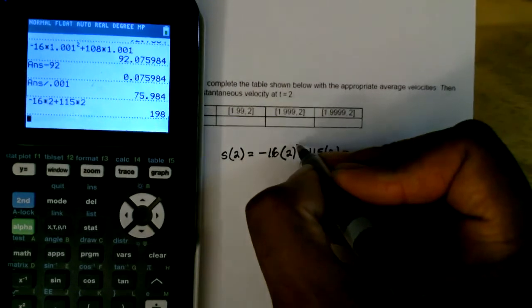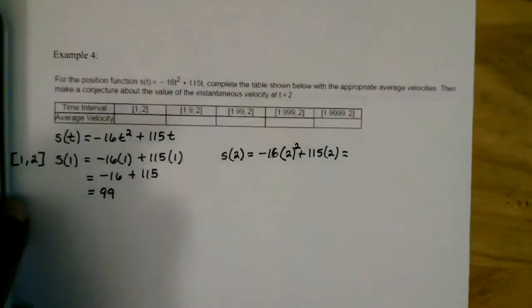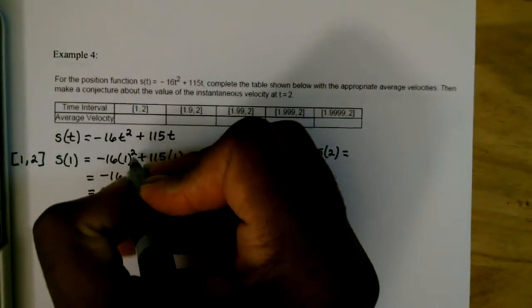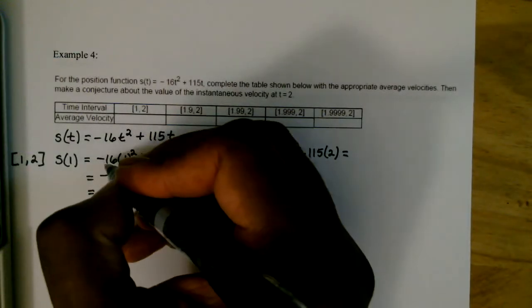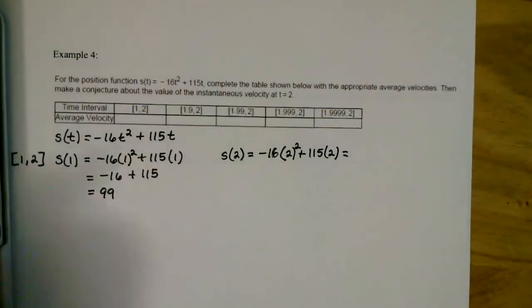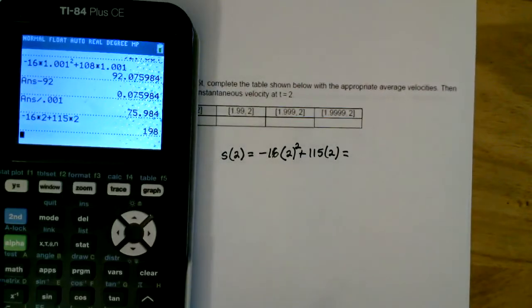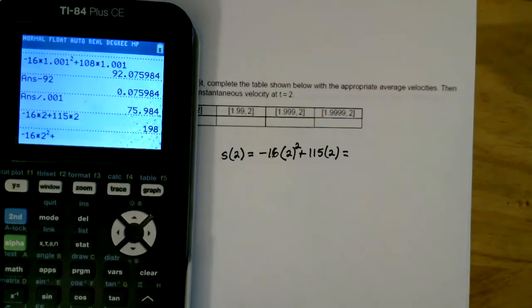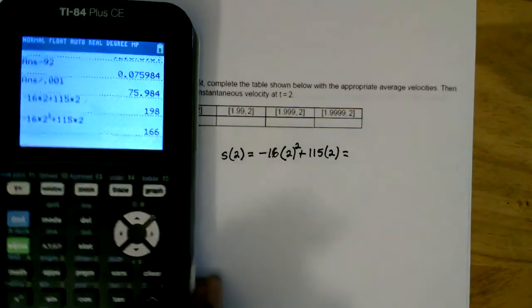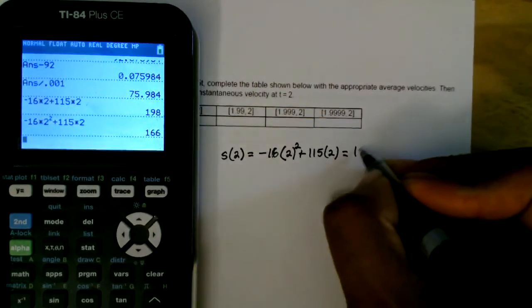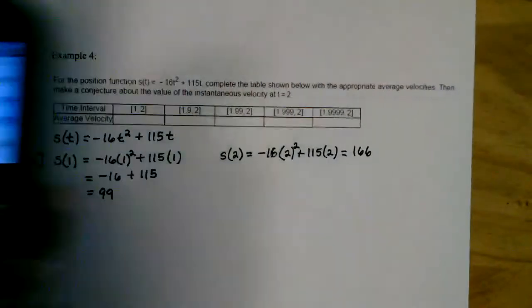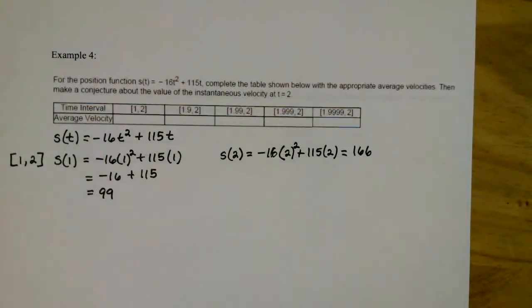Oh, that needs to be squared, I'm sorry. 1 squared will be 1 times negative 16 is negative 16. But here, this is going to be negative 16 times 2 squared plus 115 times 2. That'd be 166. Okay. The problem was I left the square off in s of t when I evaluated when t is equal to 1.